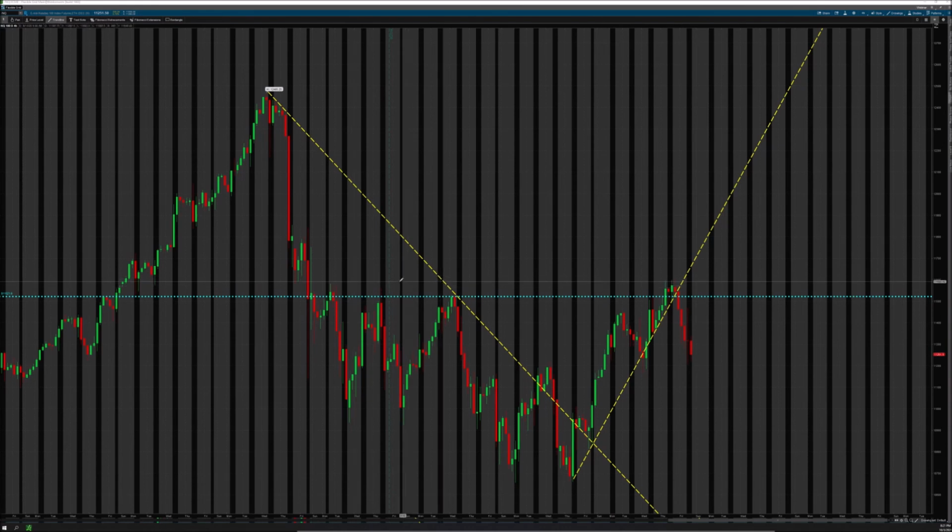What else can we find? We could take this high here and attach it up to this low. Actually, yeah, we can go to this low here.